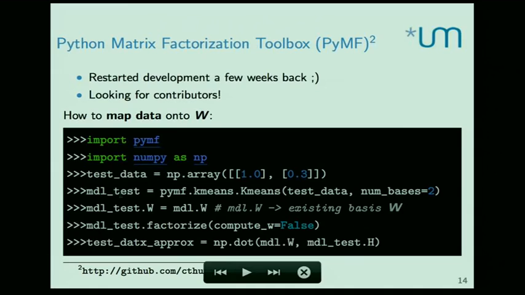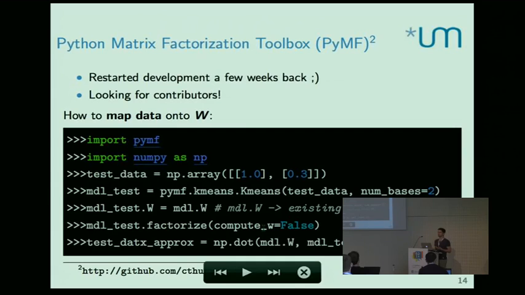For your test data, you simply initialize a new k-means model. You submit the test data, and you set again the number of basis vectors that you would like to have. Then you assign the basis vectors that you computed before to the basis vectors of the test model. And then you tell the factorization not to compute W at all. So basically you're just interested in optimizing for H.